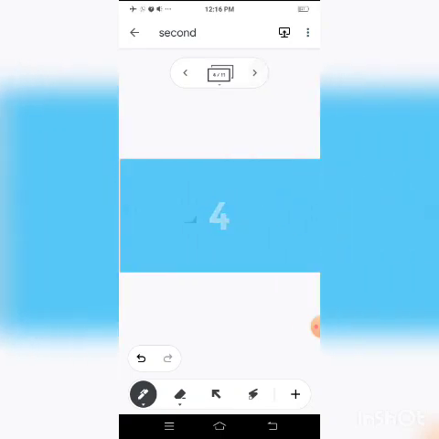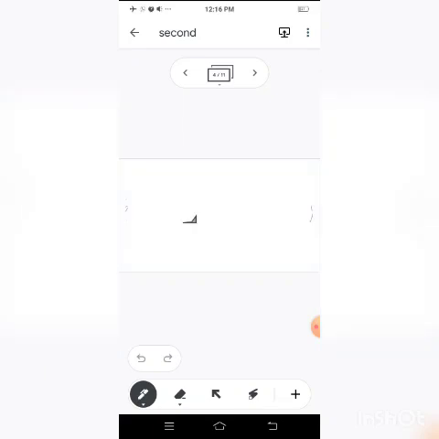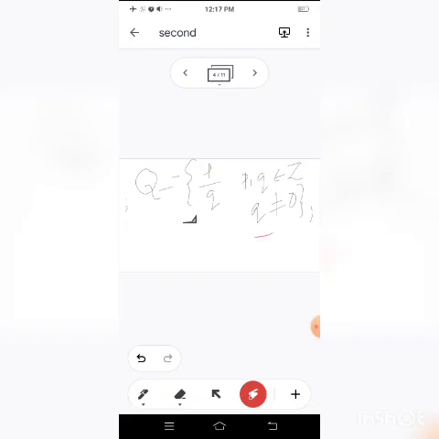So what are rational numbers? Rational numbers are denoted by the letter Q, which is equal to the set of all P by Q, where P and Q are integers, P, Q belong to Z, with Q not equal to 0. So to define inverse, we extend our system again to rational numbers.